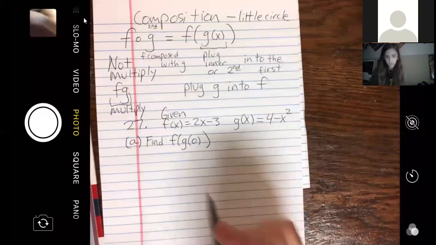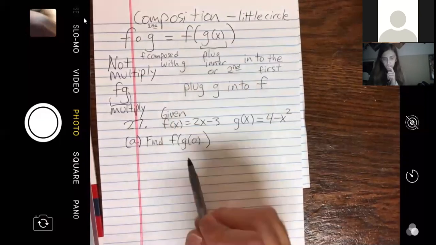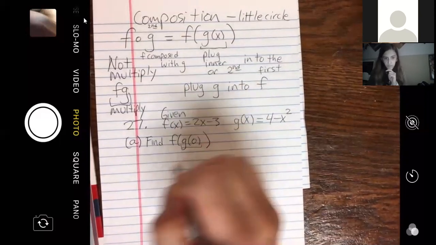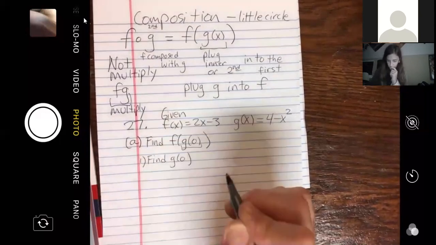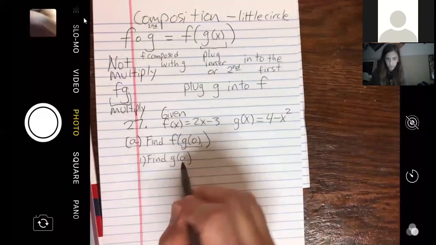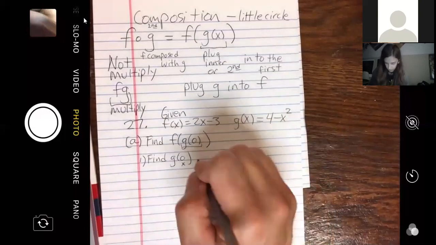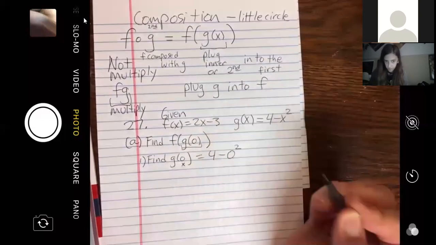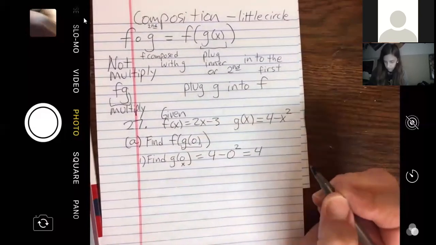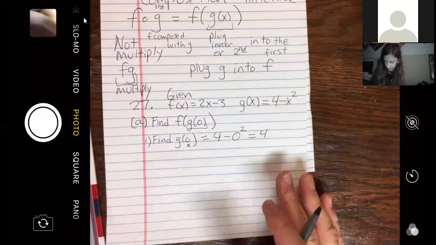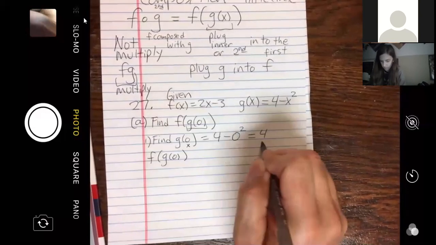Okay, I don't really have to mess with the entire x's, although I could do it that way. With this, I basically do it in 2 steps. Step 1, find the g of 0. Well, that means this is your x. That means plug x is 0 into here for the g. So g of 0 is 4 minus 0 squared, and that's 4. So when I have f of g of 0, I now know that 4 goes right there.